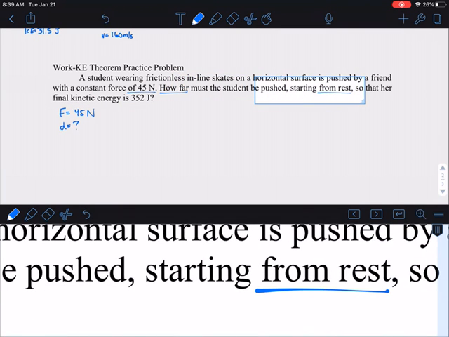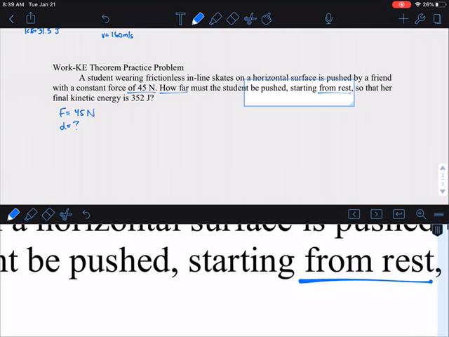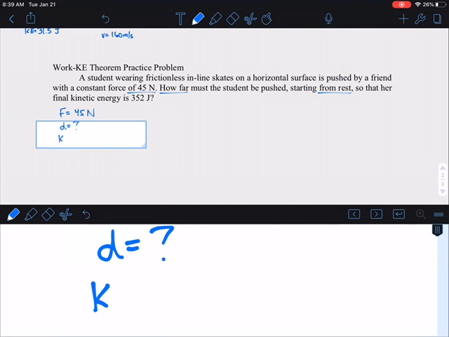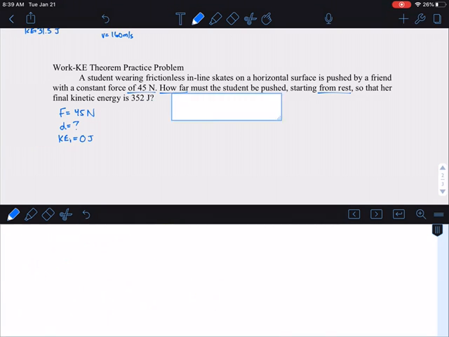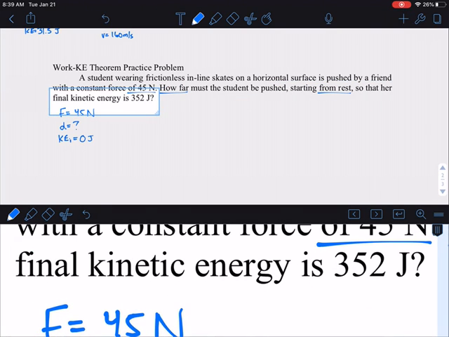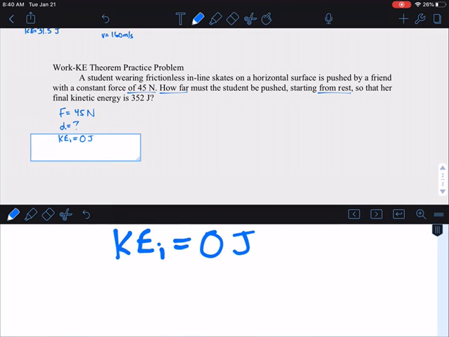That's important. If I'm starting from rest, my initial kinetic energy is 0 joules, because if you're not moving, you don't have kinetic energy. Her final kinetic energy is 350 joules, so KEf needs to equal 350 joules.